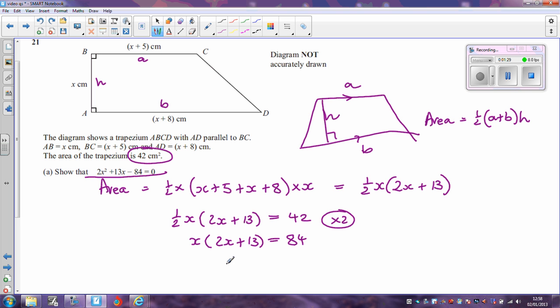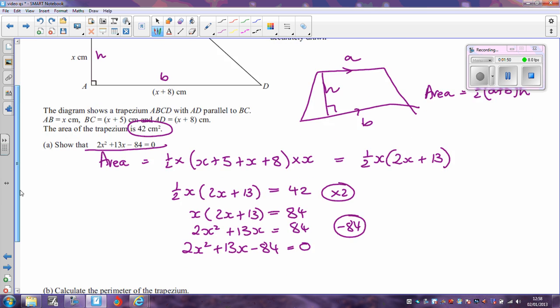Removing the brackets on the left-hand side, we've now got 2x squared plus 13x is equal to 84. To make the quadratic equation, make the right-hand side equal 0, I'm going to subtract that 84 from both sides. So I've got 2x squared plus 13x minus 84 is equal to 0. There's my quadratic equation.